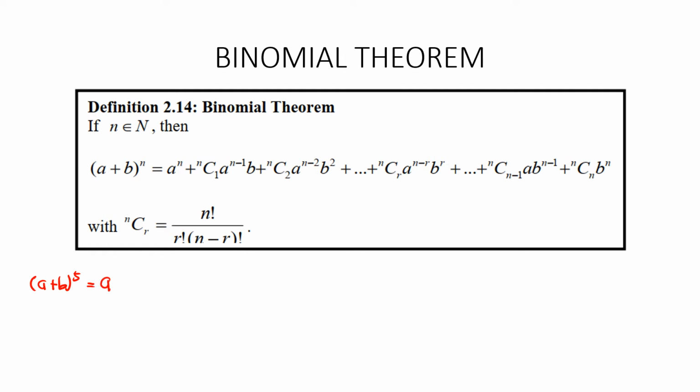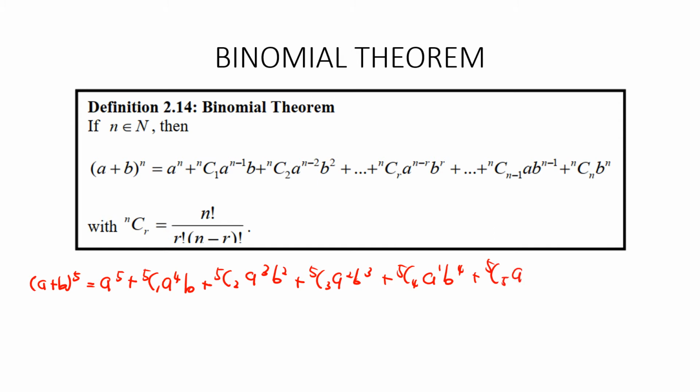So a power of 5 plus 5C1 a power of 4 (5 minus 1 is 4) b, plus 5C2 a cubed b squared, plus 5C3 a squared b cubed, plus 5C4 a to the 1 b power of 4, plus 5C5 a to the 0 b power of 5.